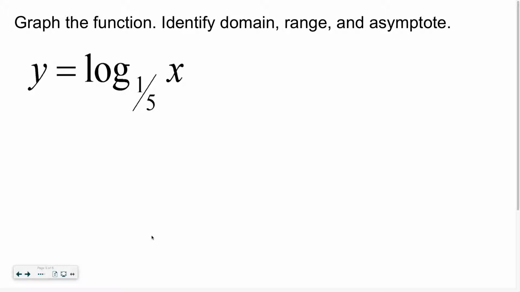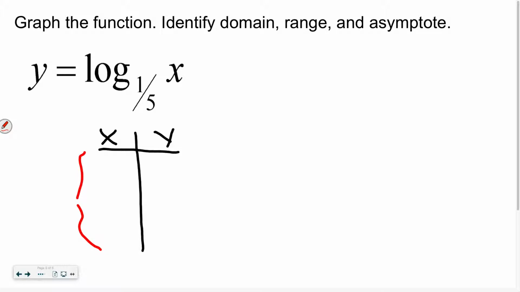Okay, now let's try it with the table method like we did on the first one. What were the hints that we said to put in for x? Try 1 over b, 1, and b. Okay, so our b happens to be 1/5. So if I did 1 over 1/5, that's really 5.